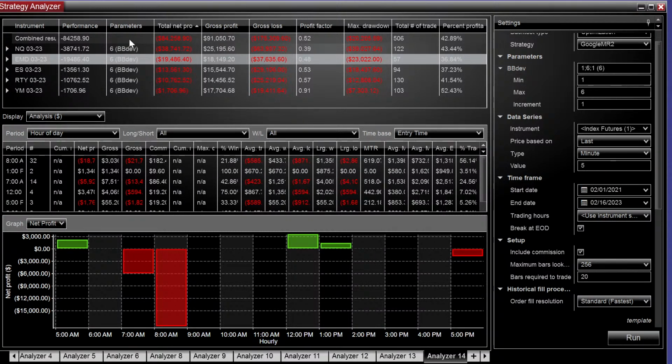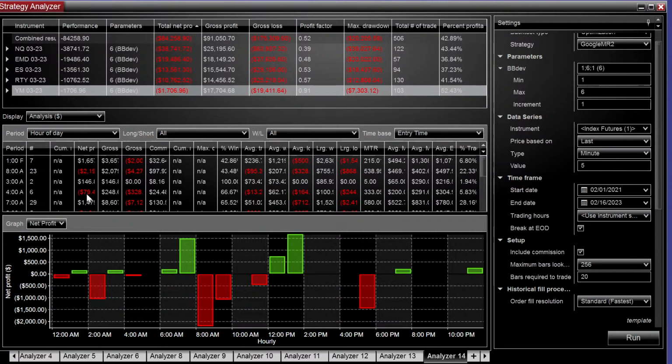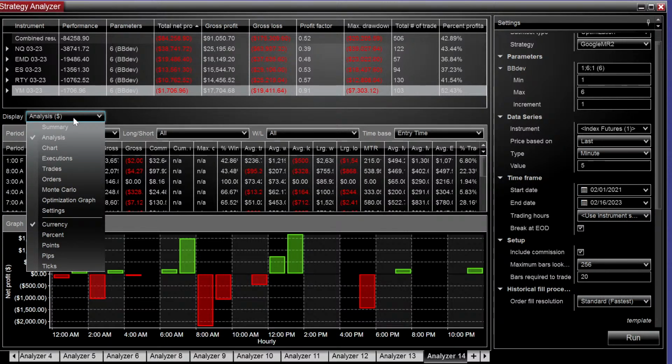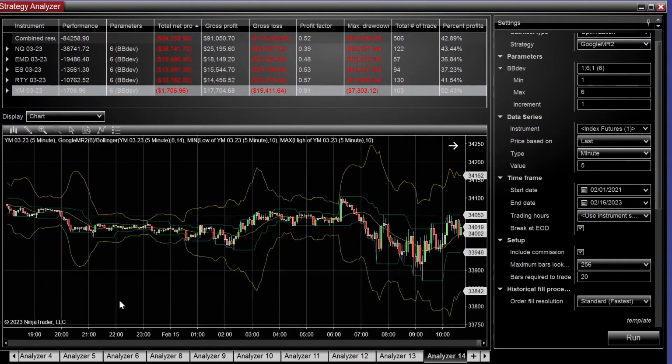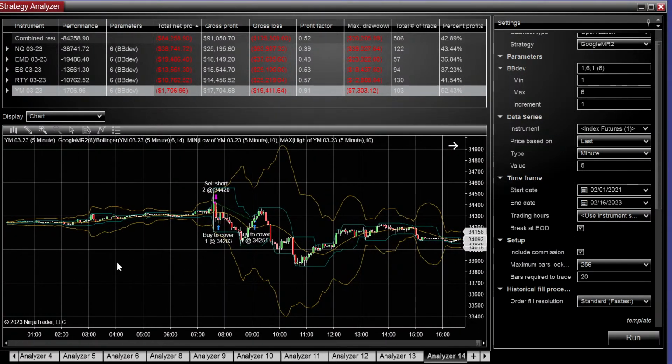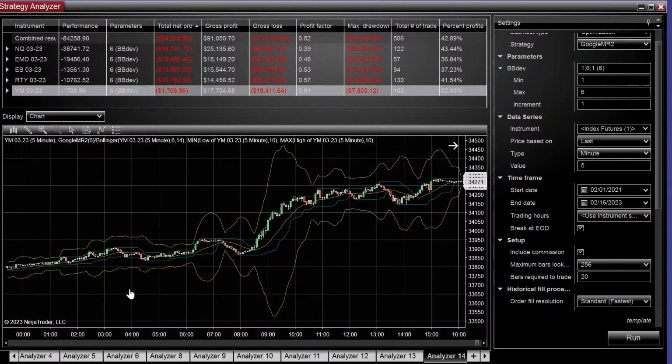Let's just see. What is up with the lack of trades? It chose 6. It chose 6 because it sucks that bad. It's like you're better off just not taking any trades.